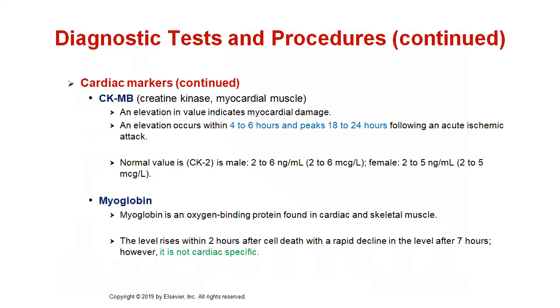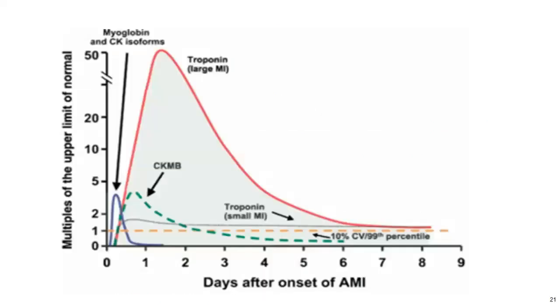And this should be 0% and elevated for 2 to 3 days. You see the picture? They peak here at 1 day after the ischemic attack, and they go up to here. So peak at 2 to 3 days or 5 days.